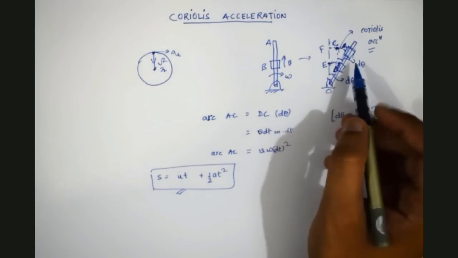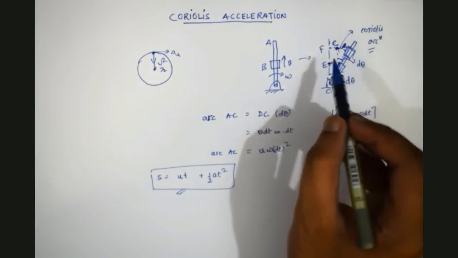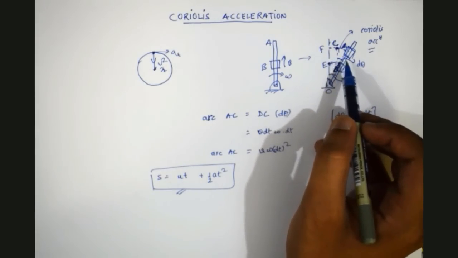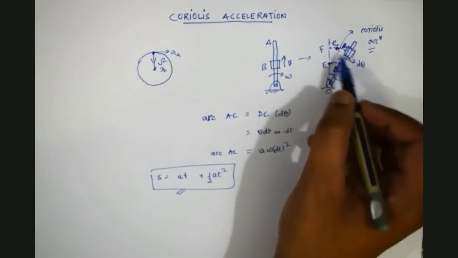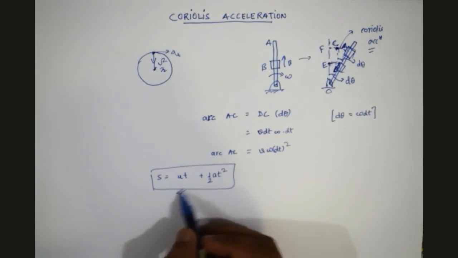Arc is also a length, so for small change in d theta we can consider this AC as a straight line. Otherwise it is not possible for large change in theta. For small change in theta we will consider a straight line. So we can apply this equation here.